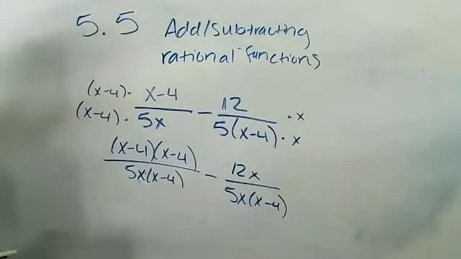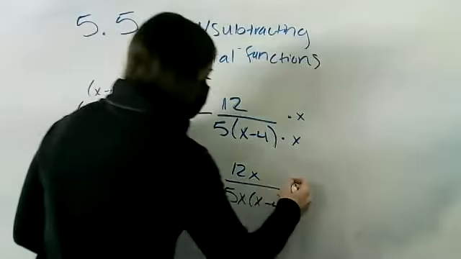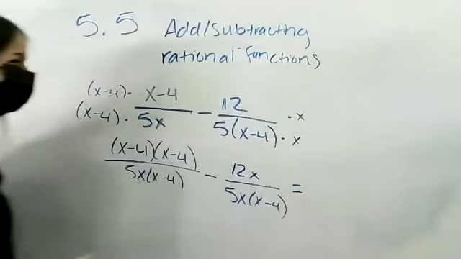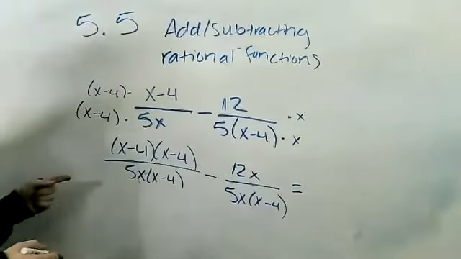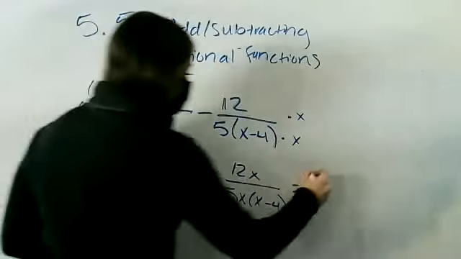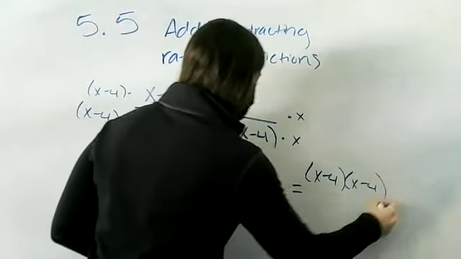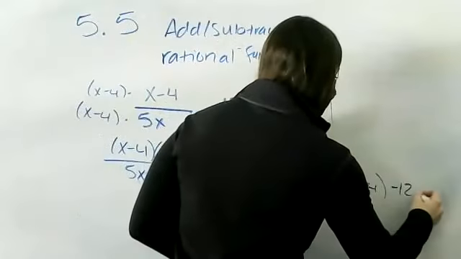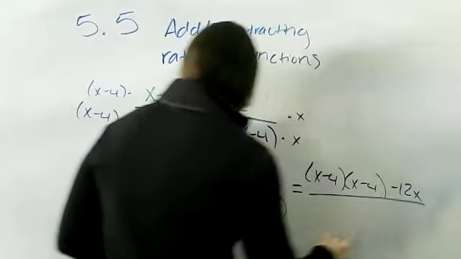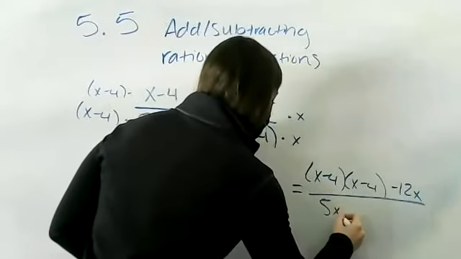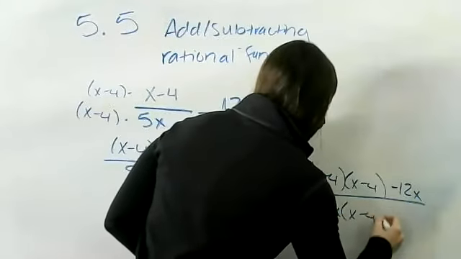Common denominator. Cha-ching. So now let's go ahead and subtract. So we can have x minus 4 times x minus 4 minus 12x all over 5x, x minus 4.